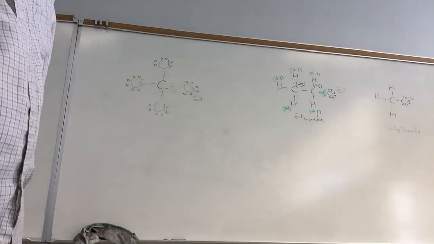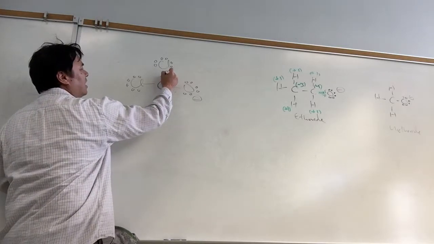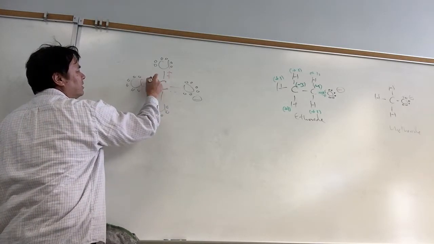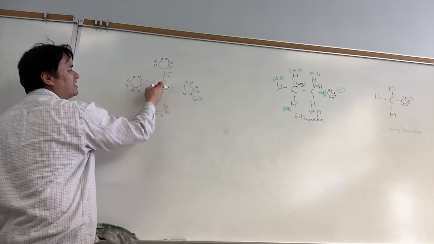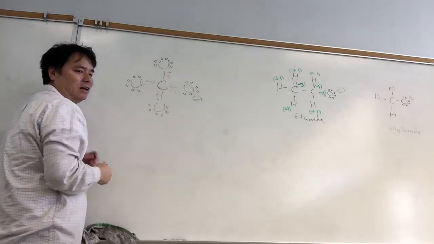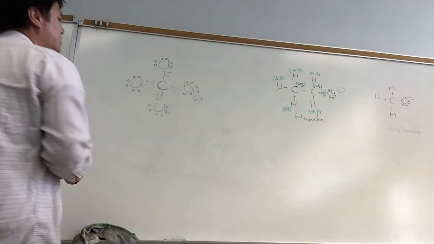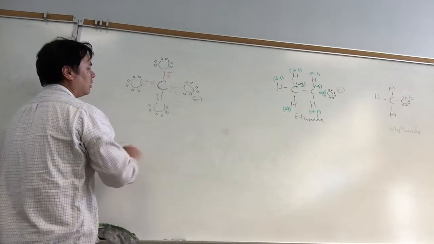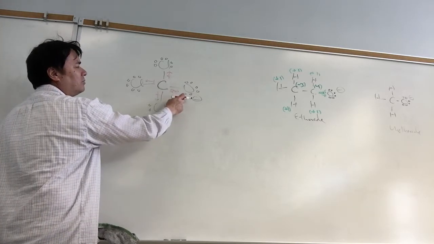If you can see what's happening, the way this is visualized in Petrucci is he does this. Electron cloud is being sucked away by these chlorines, right? So that means this carbon's being deprived of its electron density, which makes it more positive, which is going to suck electron density away from that oxygen.